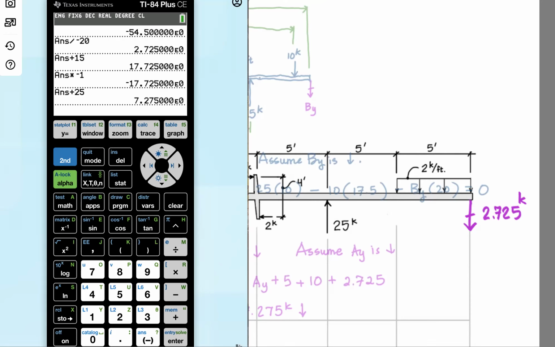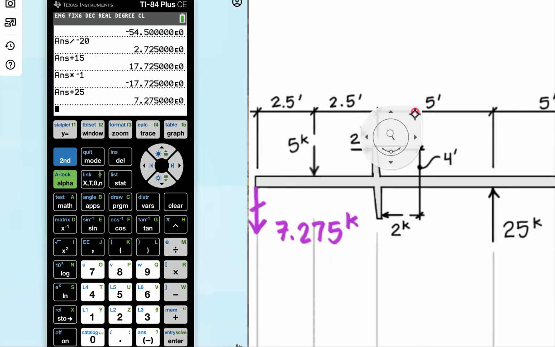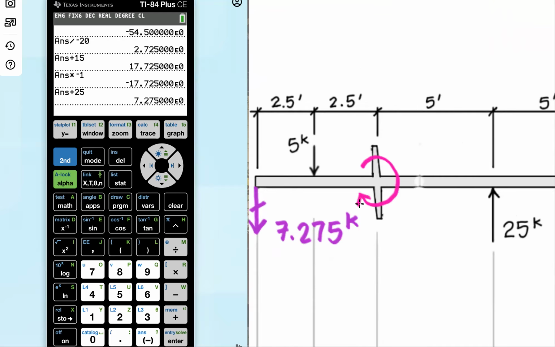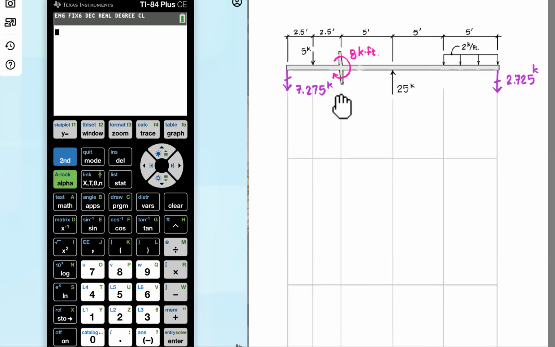Okay, I think that's looking pretty good. I'm going to make one other change. I'm going to go ahead and take out all of this mess and replace it with that couple. Okay, so I'm just going to replace that with my couple, statically equivalent system, 8 kips times feet. Right, looking good, looking good.